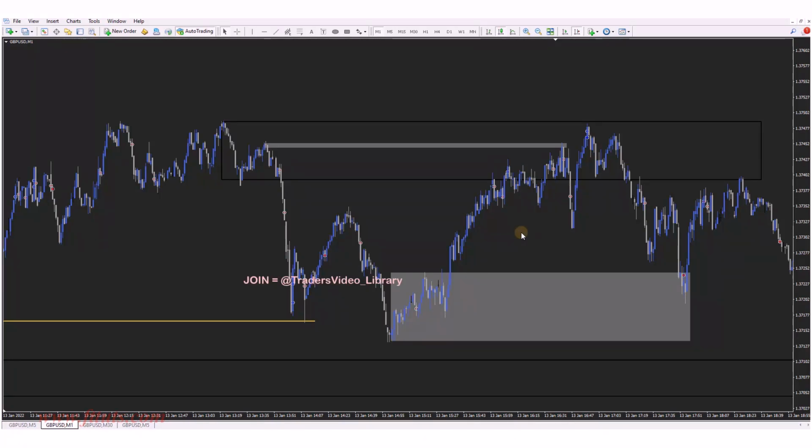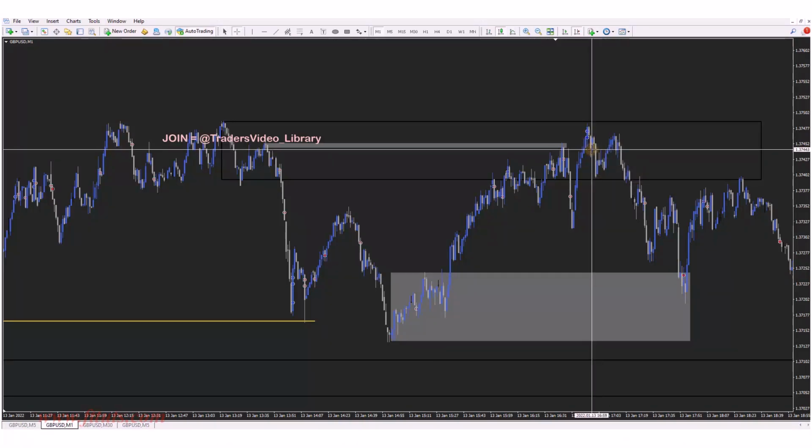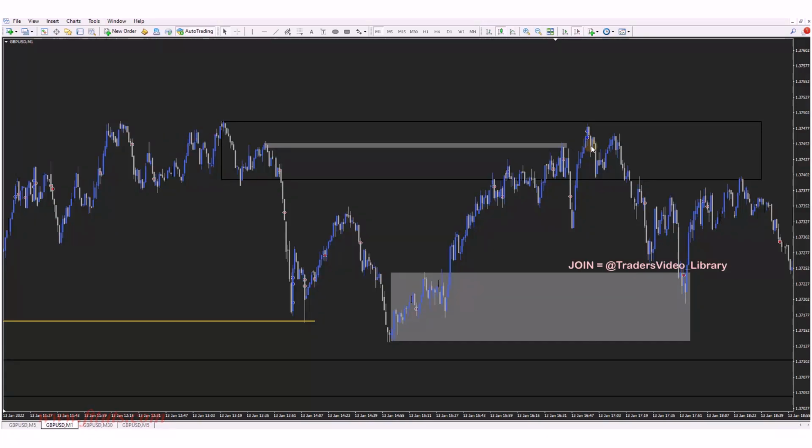I shared this also on the guide channel on Discord. The first, the aggressive one, directly after the break of these imbalances. But we need to be aware where to put the stop loss. It's better to put it above these imbalances, because price very often likes to retest this. We can call that trapped buyers.